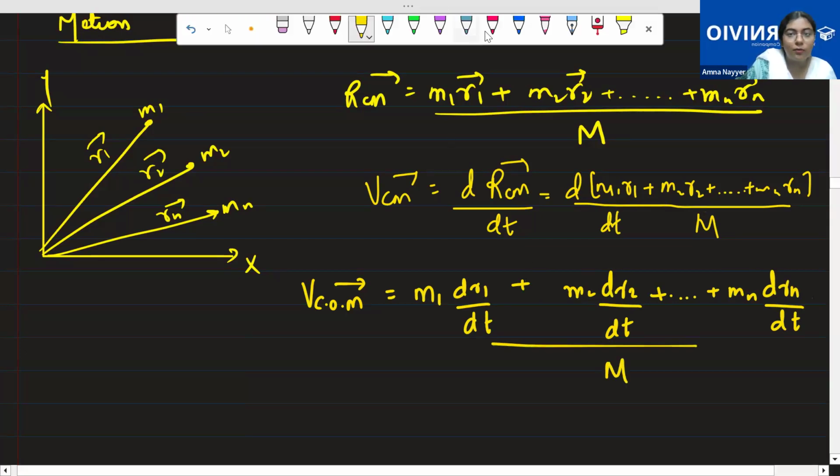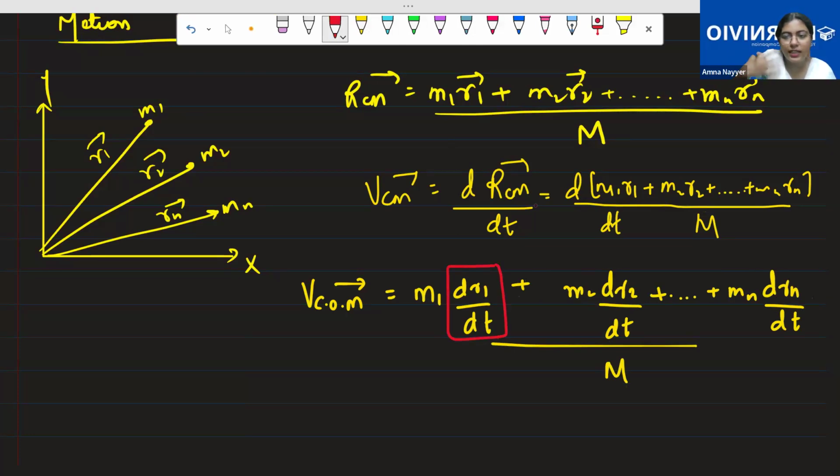Now look, from here, tell me, what is this? dr over dt. Velocity. Very good, Maha. The masses are present with their separations. Let's say this is the origin. This will have its velocity v1, this will have velocity v2, v3 up to vn. So all these are individual velocities only.